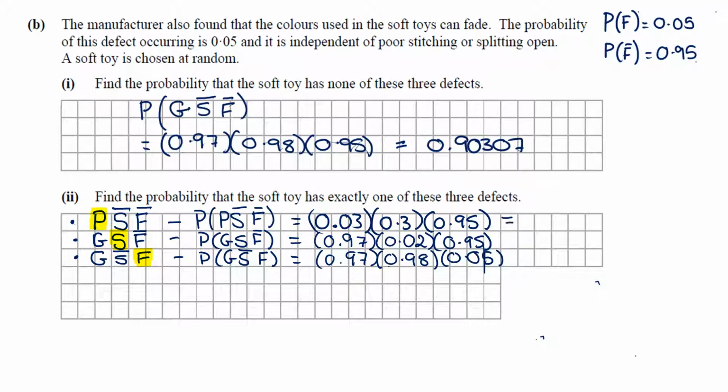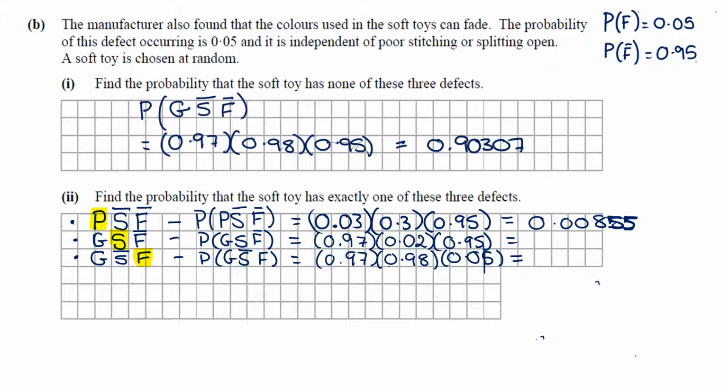So what these all work out as is 0.00855, 0.01843. Sorry, my fives don't look like fives here. And the last one is, no, apologies.